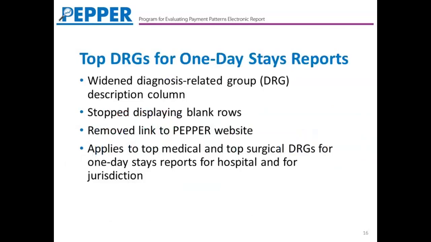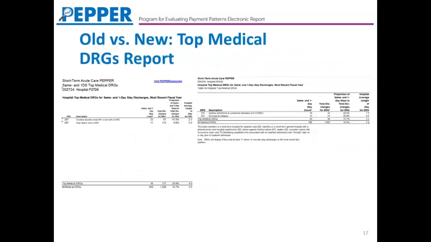On the top DRGs reports for one-day stays, we have widened the diagnosis-related group column. We have stopped displaying blank rows. So if you look on the old image on the left, you see that this hospital only had 2 DRGs that were included on this report because there needs to be at least 11 discharges during the time period.